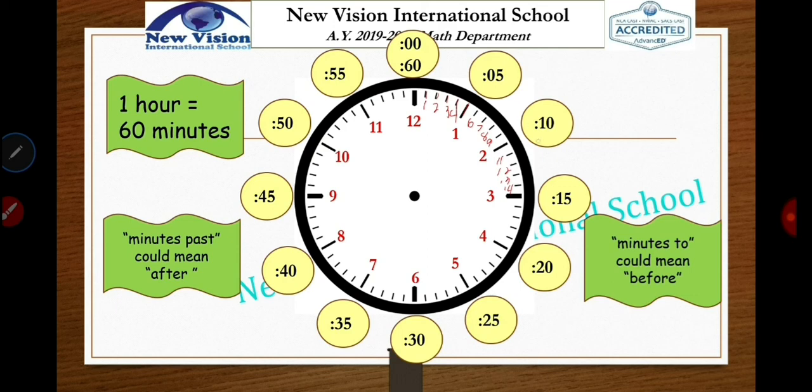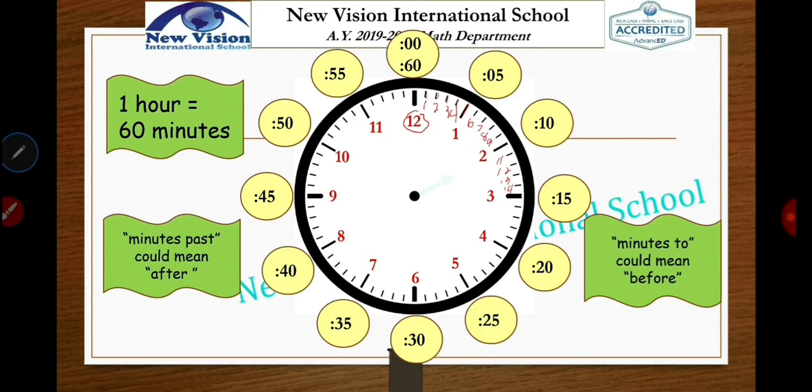So if you will count the lines, that would all be 60. Do you get that? So for example, you have here the hour is at 12. The long hand would travel around the clock 60 times for you to get to the next hour.